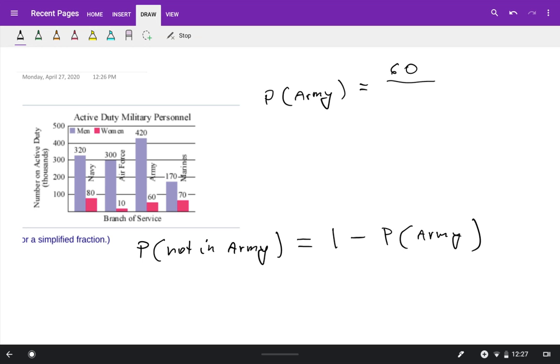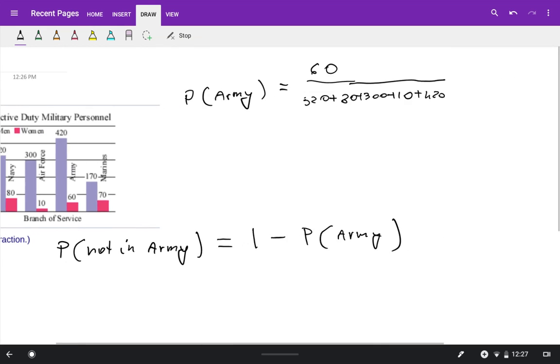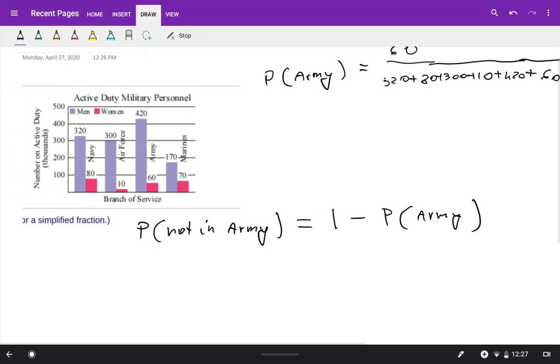over total. So the total, I will add all the numbers, which is 320 plus 80 plus 300 plus 10 plus 420 plus 10 plus 60 plus 170 plus 70. So your total, you're adding all the numbers here.